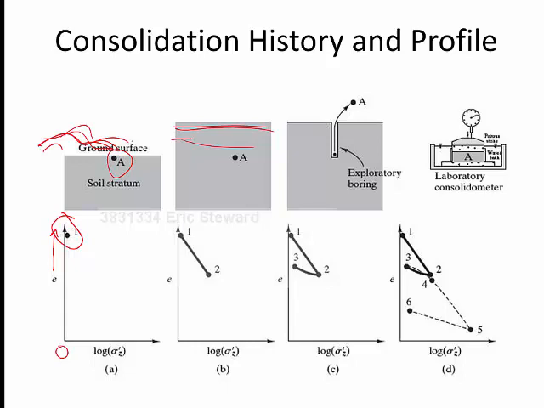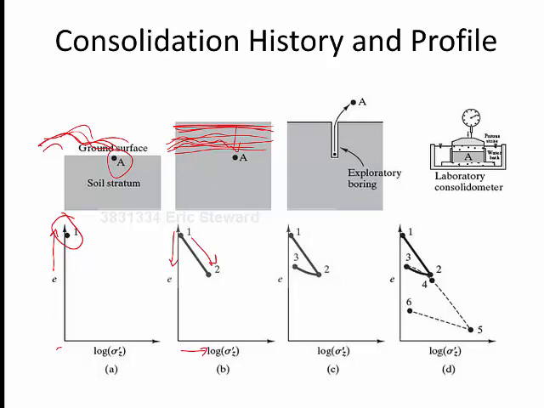But as more soil particles get blown down or flow down, however this soil is being layered and developed, the geostatic stresses applied to soil A increase, and that reduces the void ratio, reducing the void space between soil particles. So now you see a change from point 1 to point 2 here. As stress increases, void ratio decreases.